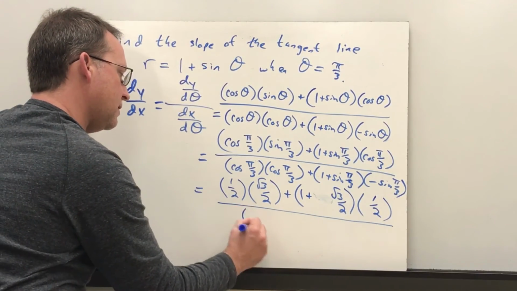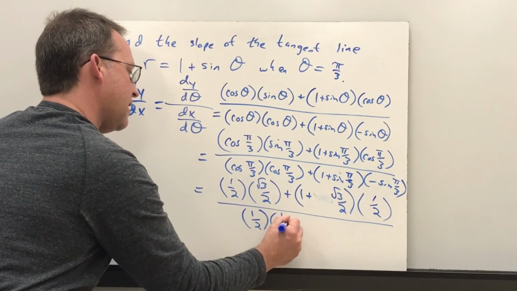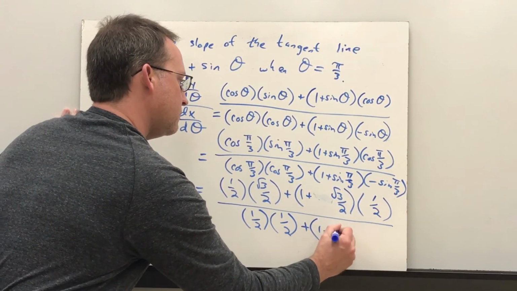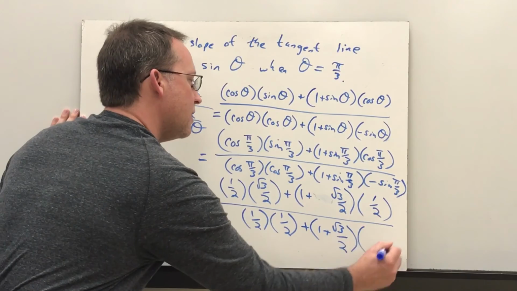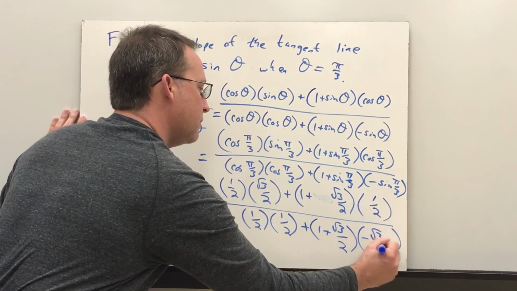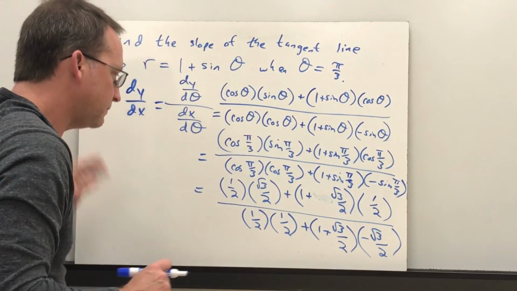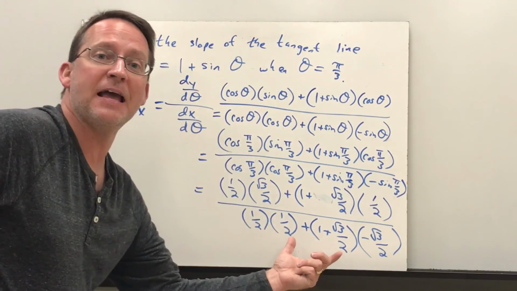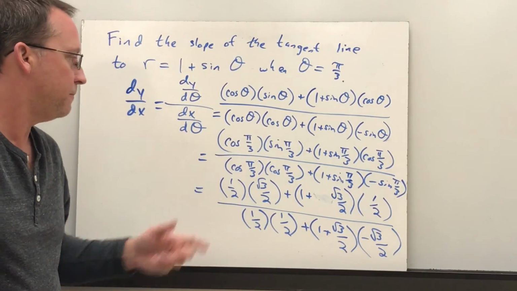This is 1/2 times 1/2, 1 plus radical 3 over 2 times negative radical 3 over 2. So there you go. I would leave my answer like this.